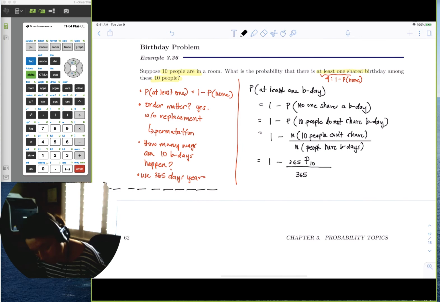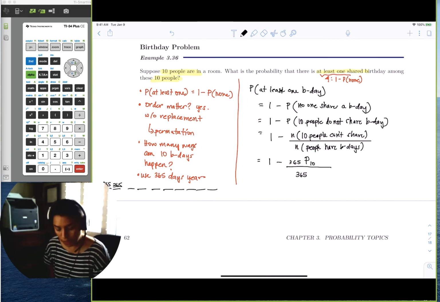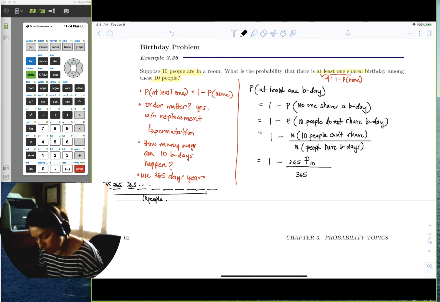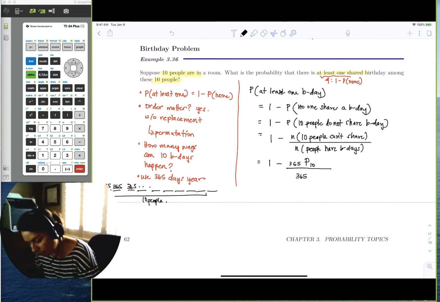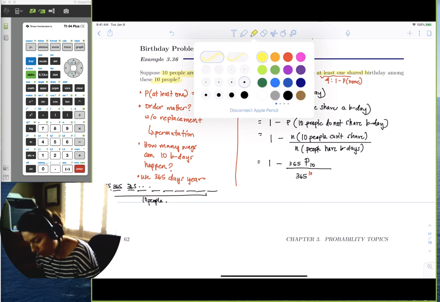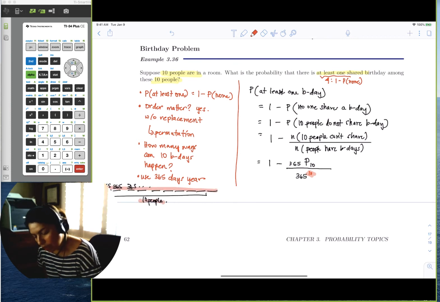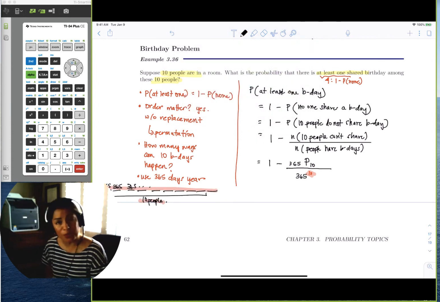This is the first person, and you ask, when's your birthday? The second person is going to pick one of those days, and they could share, who knows? And then 365, and so on. How many people at the party? There's 10 people. It's with repetition. So this would be 365 to the 10th power, and that just comes from the standard multiplication rule from the beginning of the section.